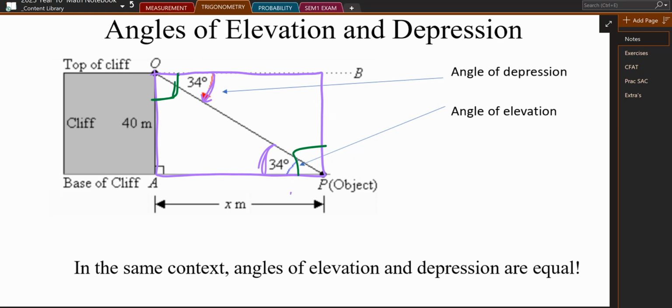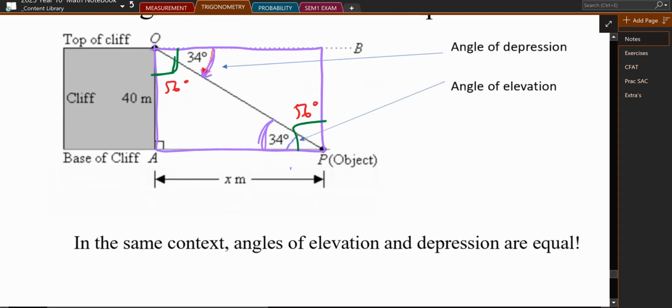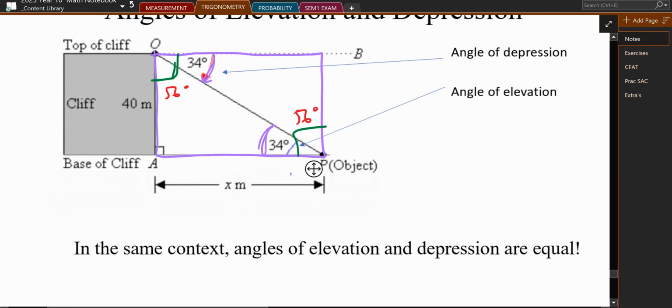So if this angle here is 34, that would mean that the rest of this should be 56, which is actually the same as this angle as well. So all in all, as it says down here, angles of elevation and depression are actually equal.